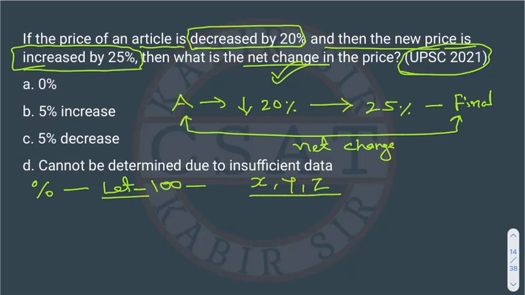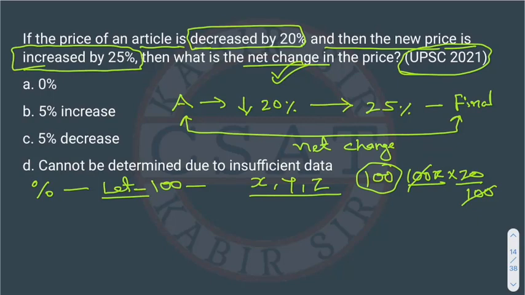But in the question of percentage we normally consider price like 100 or 100x. Why in the multiple of 100? Because there is percentage. If we want to calculate the percentage like 20%, the 100 will cancel this 100. So the calculation is easy. That's why we consider 100 or a multiple of 100.